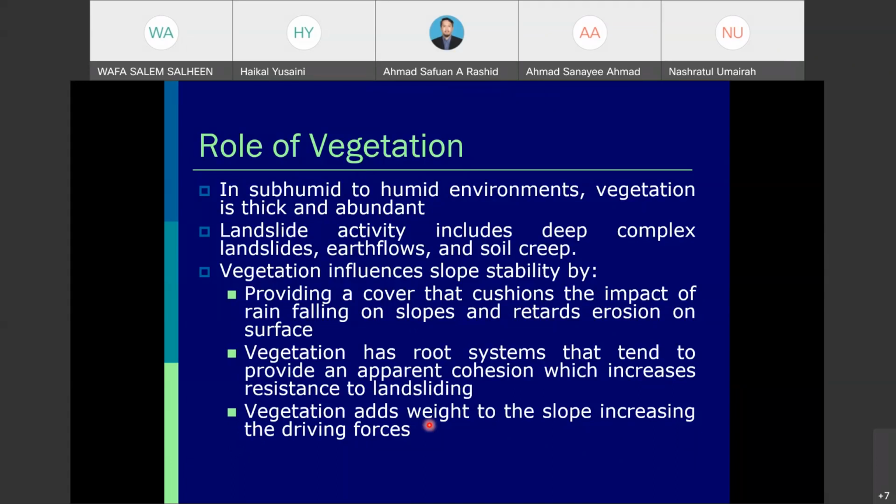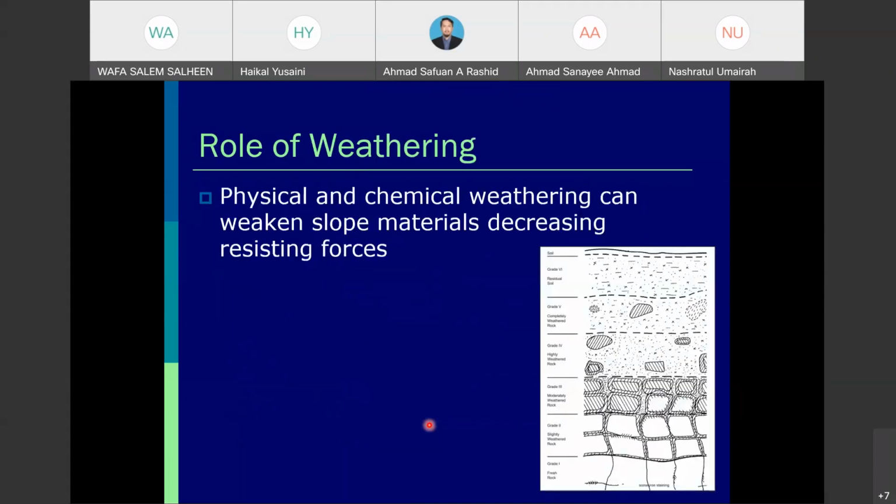Okay. So role of weathering: physical and chemical weathering can weaken slope material, decreasing the resisting force. This is a typical example of the weathering grade from grade number 1 to grade number 6. Grade number 1 is the fresh rock.